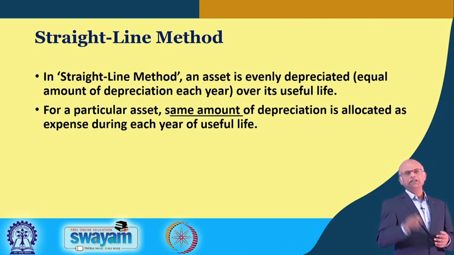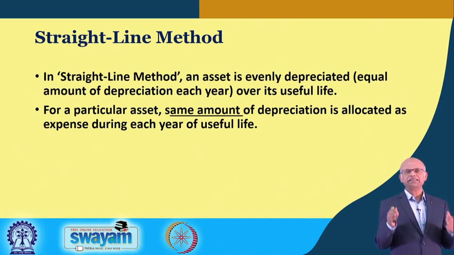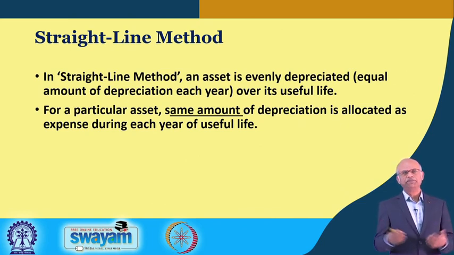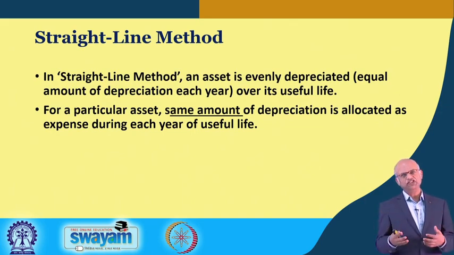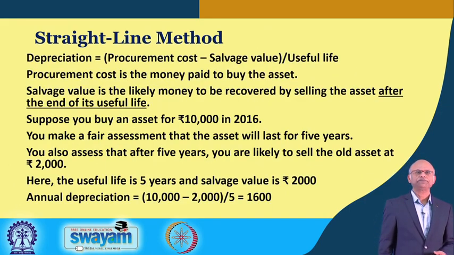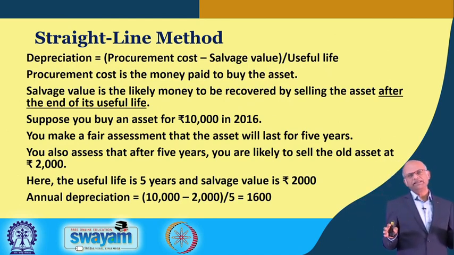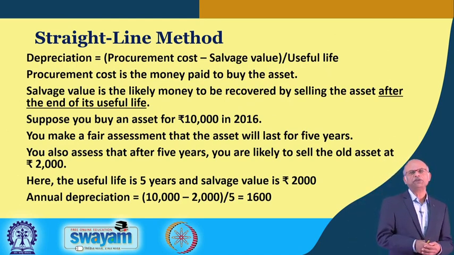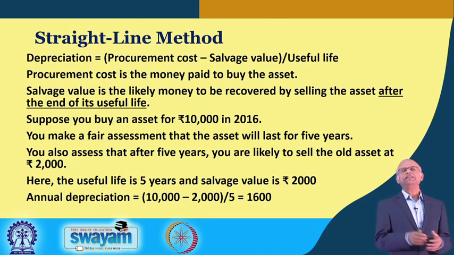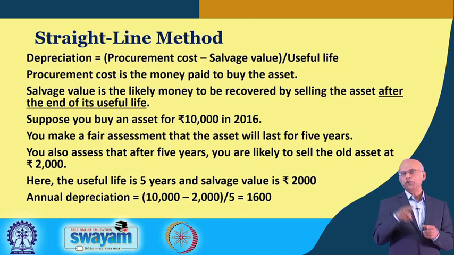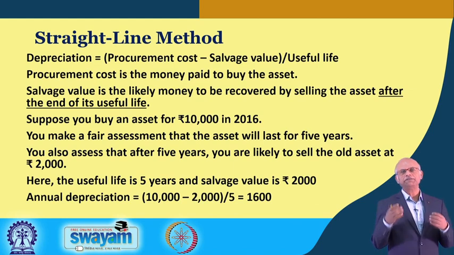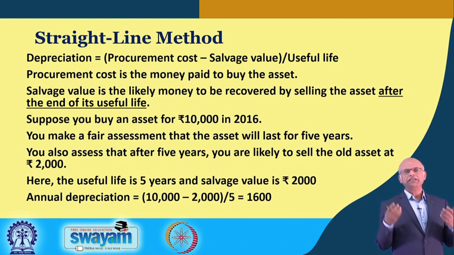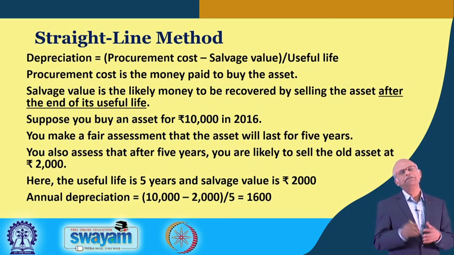That is the concept. So, in a straight line method, an asset is evenly depreciated, or an equal amount of depreciation is charged each year over its useful life. For a particular asset, the same amount of depreciation is allocated as expense during each year of useful life in the profit loss account. So, the formula is like this. It is obvious, means whatever I explained, the formula should emerge from there. Depreciation under a straight line method is equal to procurement cost minus salvage value, that is the Xerox machine cost was 1 lakh minus salvage value, which is the value that you estimate that you will realize by selling the asset after its useful life.